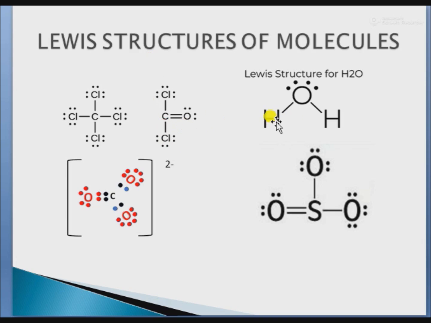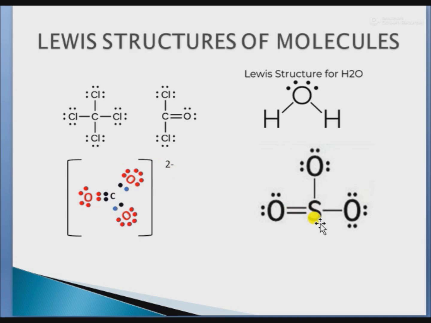Similarly, for water molecule, in which oxygen forms 2 bonds with hydrogen and has 2 lone pairs, and in case of CO3 2- carbonate ion, carbon forms 1 double bond with oxygen and 2 single bonds with 2 oxygen, and these 2 oxygen carry a -1 charge, and the whole ion carries -2 charge.